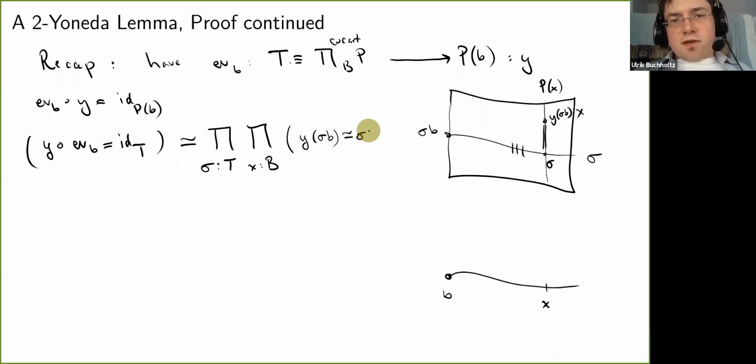So sigma evaluated at X. That's what I want. I'm going to call the element I'm going to construct epsilon sigma X, and it has to be an isomorphism in this fiber.